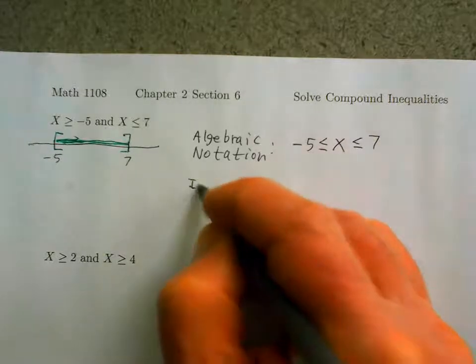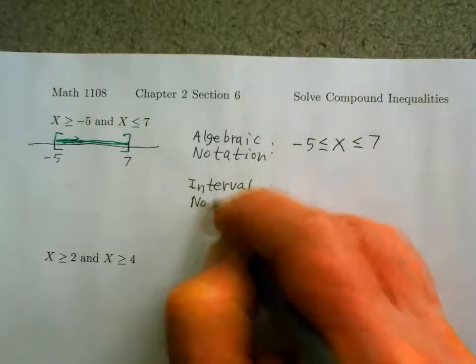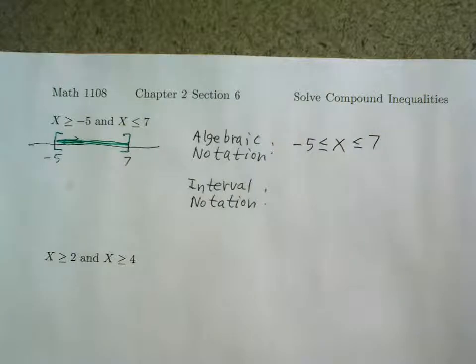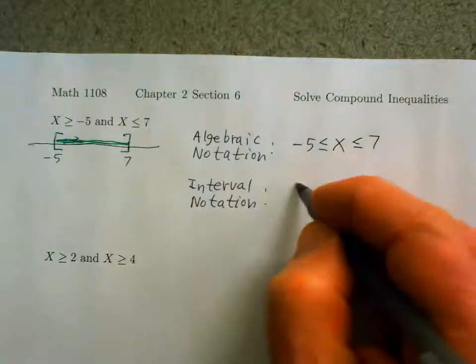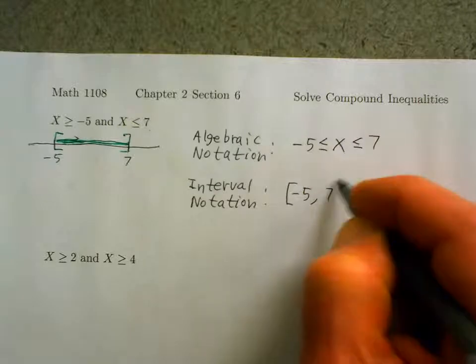And the interval notation. So this time we put a bracket, -5, 7 bracket.